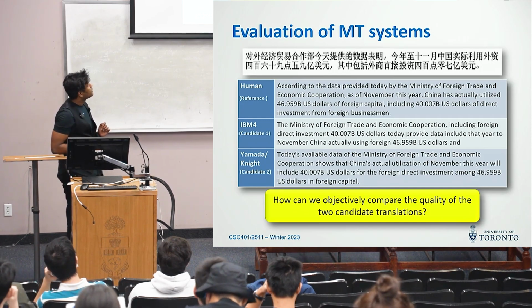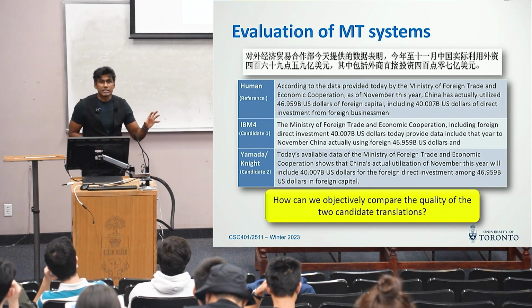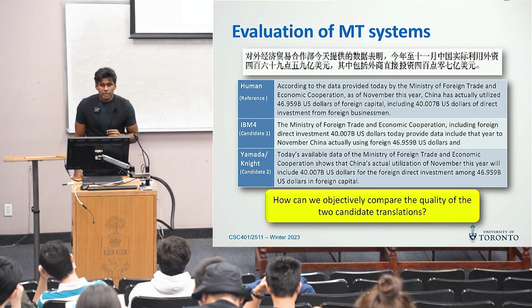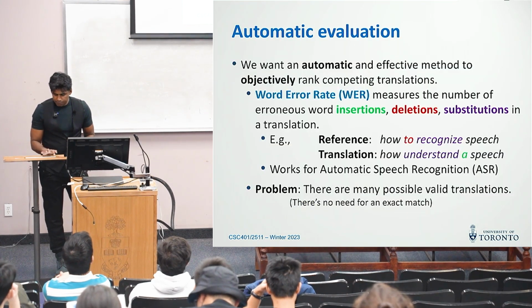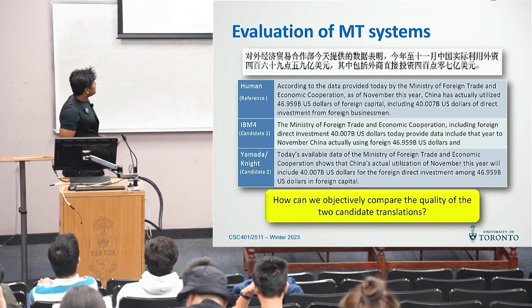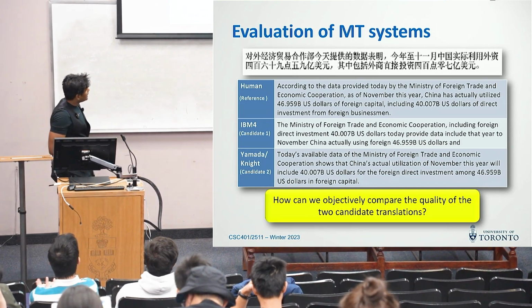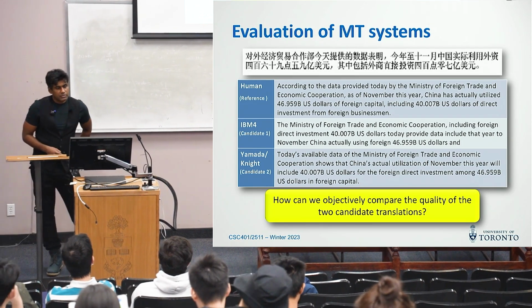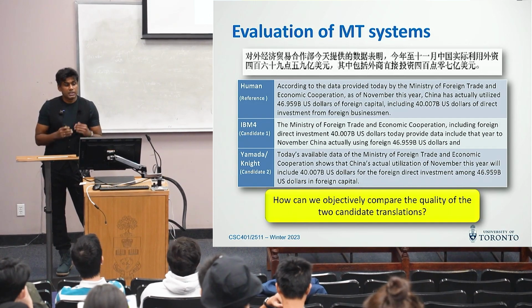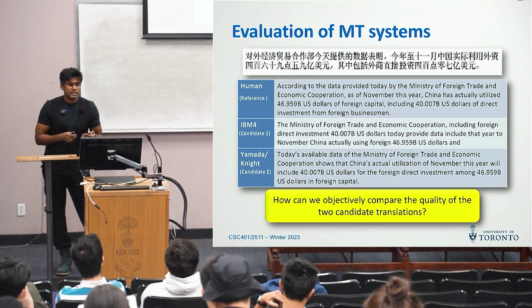So we have two models producing two candidate translations. And if you actually read through them, as a human, you should agree that the bottom translation is superior in quality to the top candidate translation.